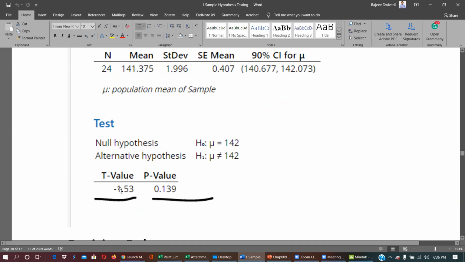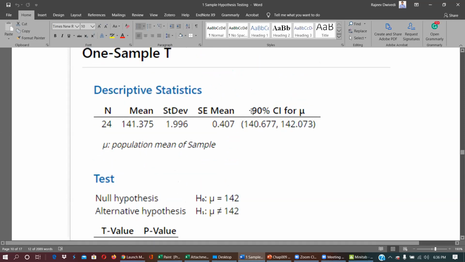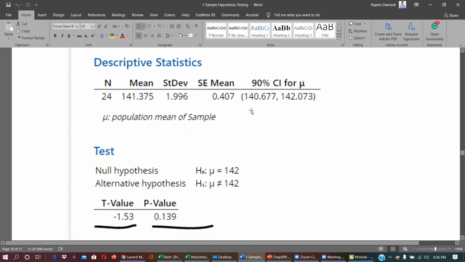So the t value is minus 1.53 and the p-value is 13.9%, and we are checking at 90% confidence. Now, what is your decision based on this? What do you think?